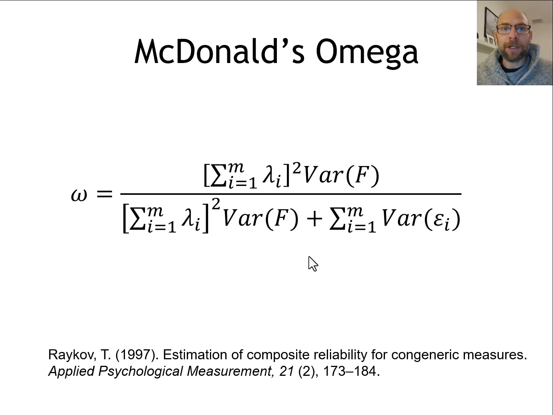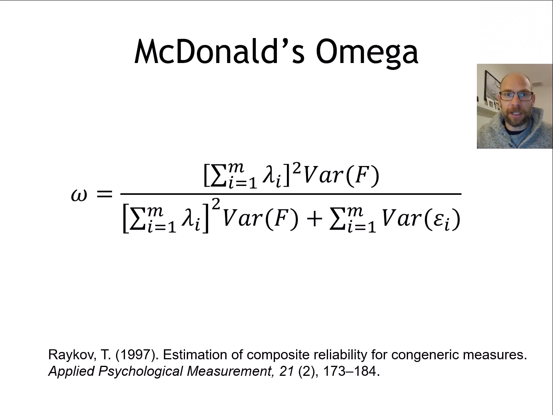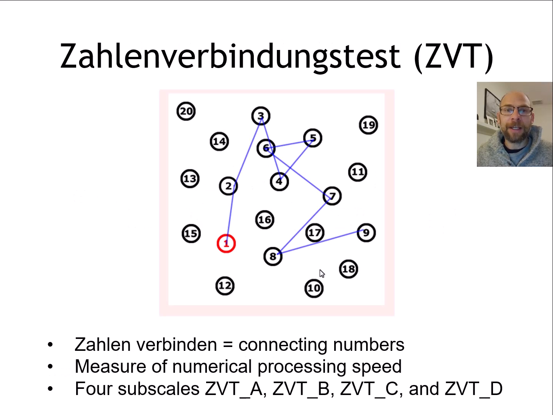And so I want to show you how you can get this very easily without having to do any kinds of hand calculations. So let's take a look at how you can do this for the following example. I'm going to show you this for an example where I have 4 subscales of a test of numerical processing speed. This test is called Zahlenverbindungstest. It's a German measure of numerical processing speed for, for example, children and teenagers.